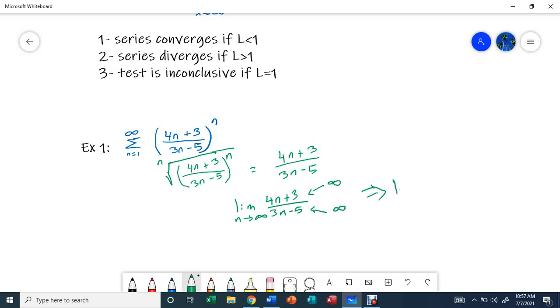So the limit of (4n divided by n plus 3 divided by n), the whole thing over (3n divided by n minus 5 divided by n) as n goes to infinity, and simplify.